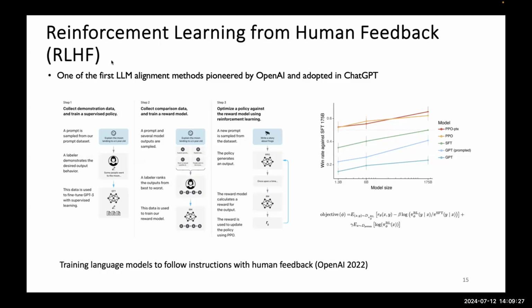One of the earliest feedback approaches, which formally nobody called that at the time, eventually got its name as reinforcement learning from human feedback. This was popularized by a paper from OpenAI in 2023, and eventually we all found out that it's the algorithm that went into making ChatGPT work as well as it does.